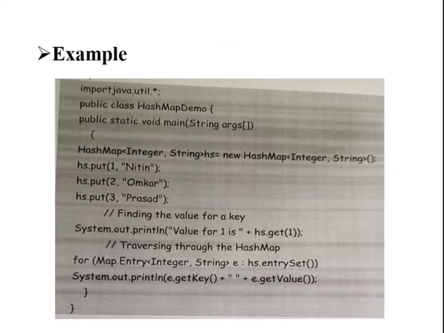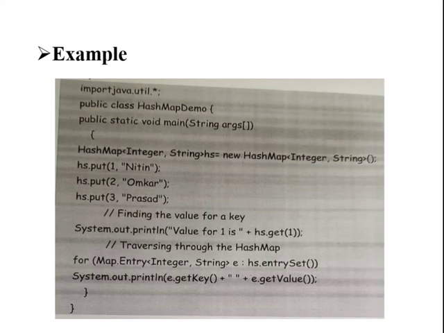Let us consider the program: import java.util, public class HashMapDemo, public static void main String args. This is a constructor that is used to represent the HashMap: HashMap Integer, String hs = new HashMap Integer, String. hs.put 1 Nitin, hs.put 2 Omkar, hs.put 3 Prasad.